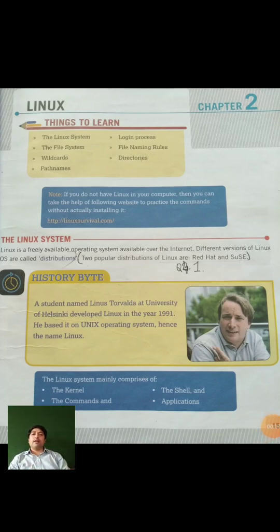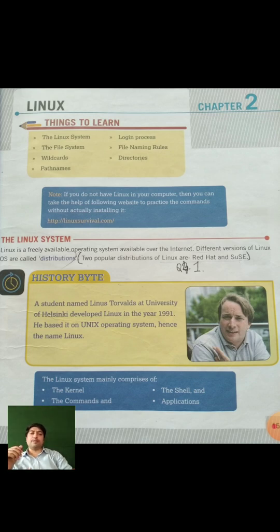Today we will learn our next chapter named Linux. The word Linux we have heard in the last chapter. From that word we easily understand that Linux is the name of an operating system.